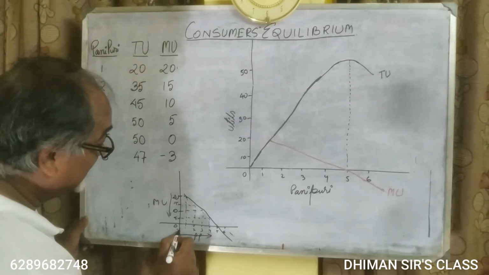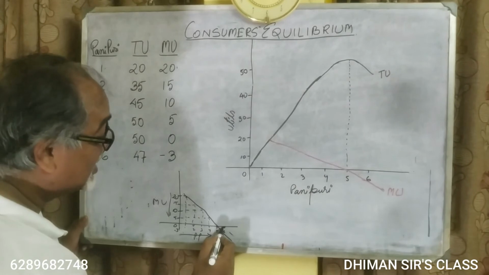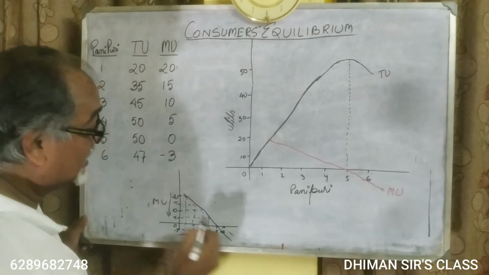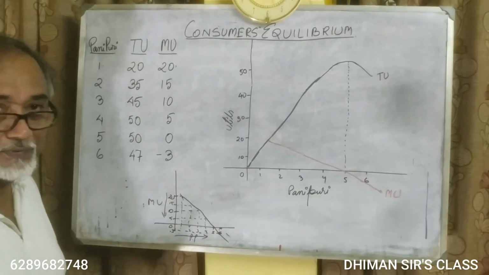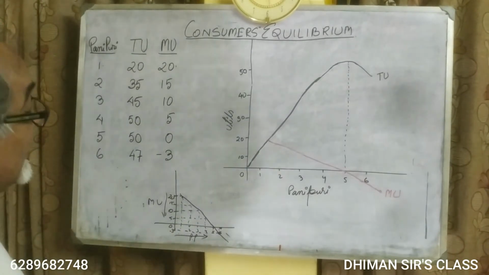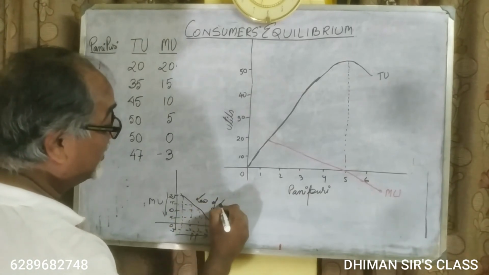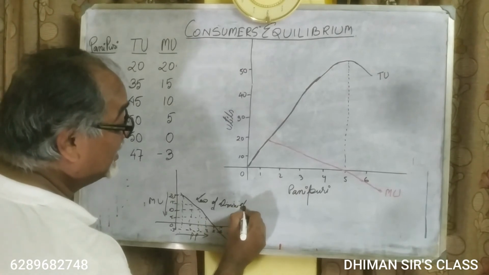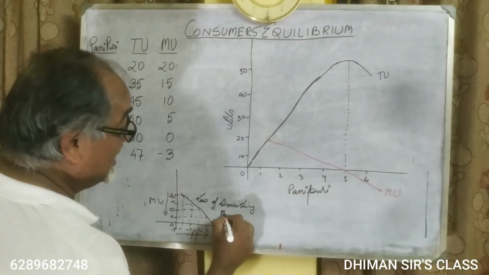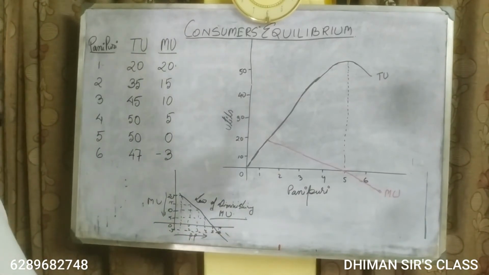And if I still consume 1 more unit, minus 3, my satisfaction is now in negative. Okay, so this is called as law of diminishing marginal utility. Okay, this is pani puri, this is marginal utility.